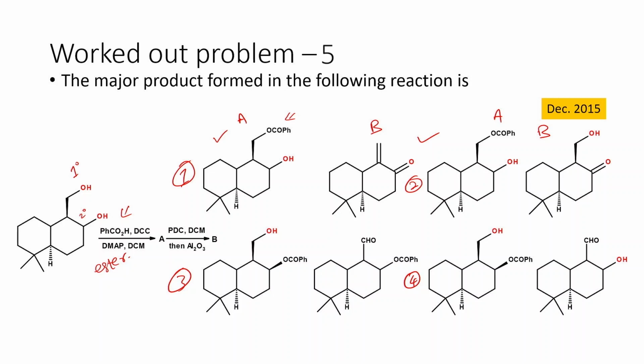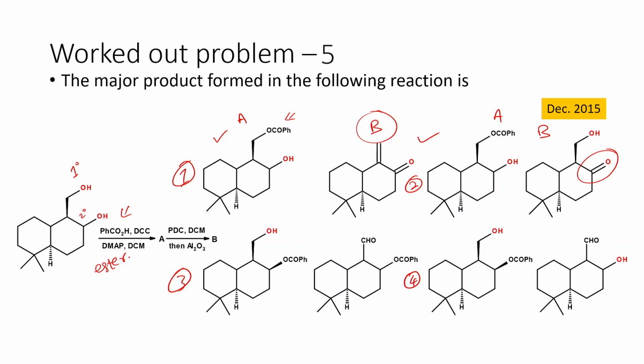Now in the second step, what is happening? We are oxidizing and we are also allowing it to undergo an elimination reaction. So what are the two different products? In the product B, we have a carbonyl group, and in the second option product B also we have a carbonyl group, but there is no alkene formed, because the last step, the alumina reaction, generally leads to elimination.